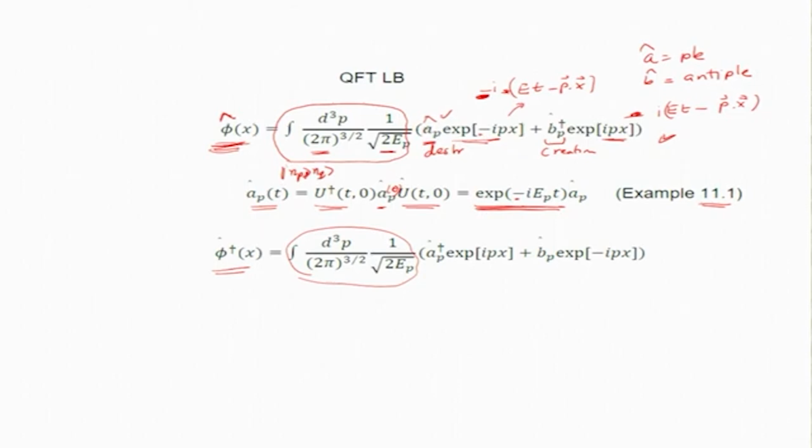So, A_p becomes A dagger p and exponential minus ipx will become exponential ipx, and B dagger p will become B_p, with the opposite sign exponential minus ipx. So, we constructed, well, I am just stating what the phi operator and phi dagger operator are for the Klein-Gordon field.